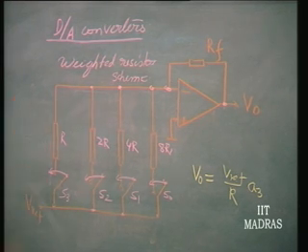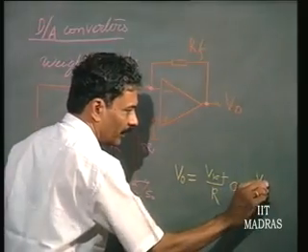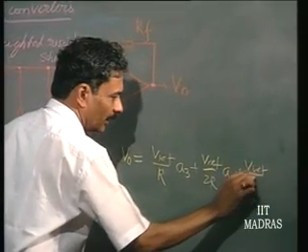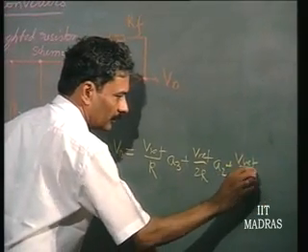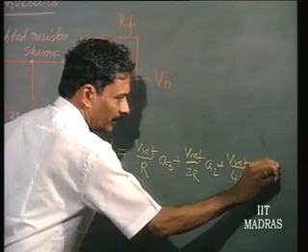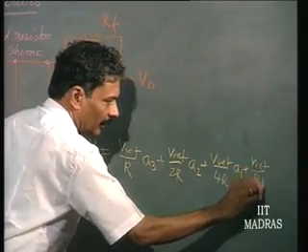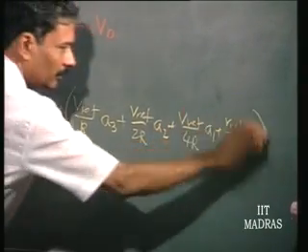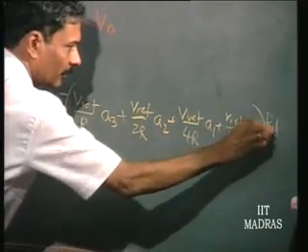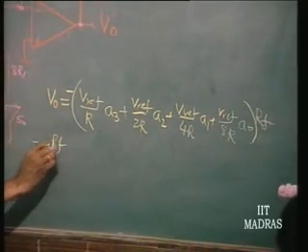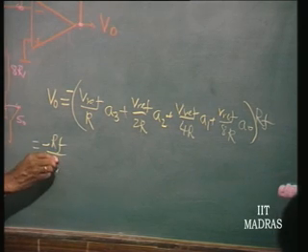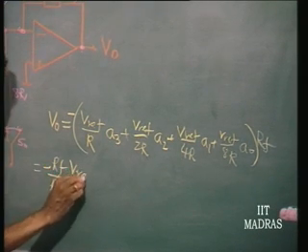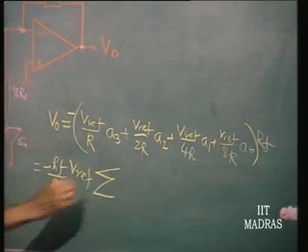So, V reference by R A3 plus V reference by 2R A2 plus V reference by 4R A1 plus V reference by 8R A0, in effect, into minus RF, or in a sense RF by R coming out, into Vref, and this is a sigma.